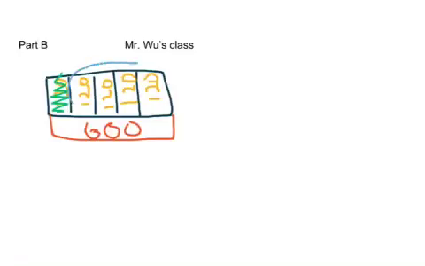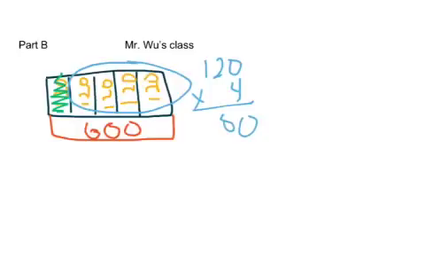What remains is this much. If you just wanted to do it as 120 times 4, that would be fine. And you would see that your answer would be 480. Another way of doing that, if Mr. Wu's class, we determined that this was 20%.